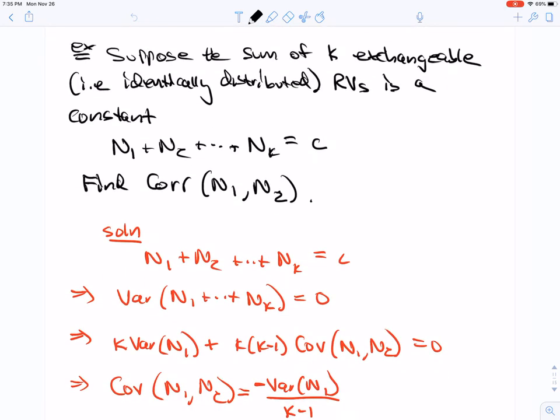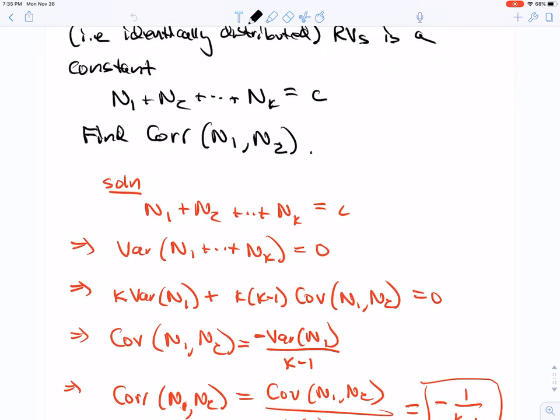So then I gave you this problem to do. Suppose the sum of k exchangeable identically distributed random variables is a constant. Find the correlation of n1 and n2. So what I wanted you to do here was take the variance of both sides, since you know the variance of c is 0, and then use the fact that this is just k times the variance of n1 plus k times k minus 1, the covariance of n1 and n2.